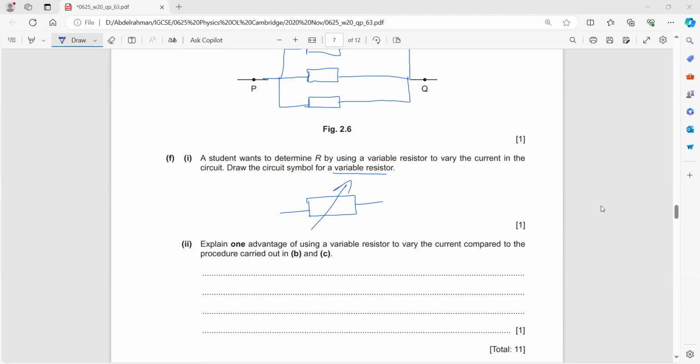Yes, it's all about ease of use. So it is easier to obtain more values for the resistance. Okay, good.